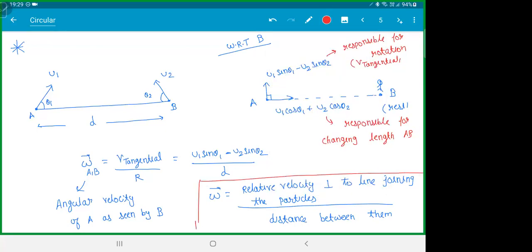So if they give you two particles and ask you to find angular velocity, this is what we can do. All clear with this?